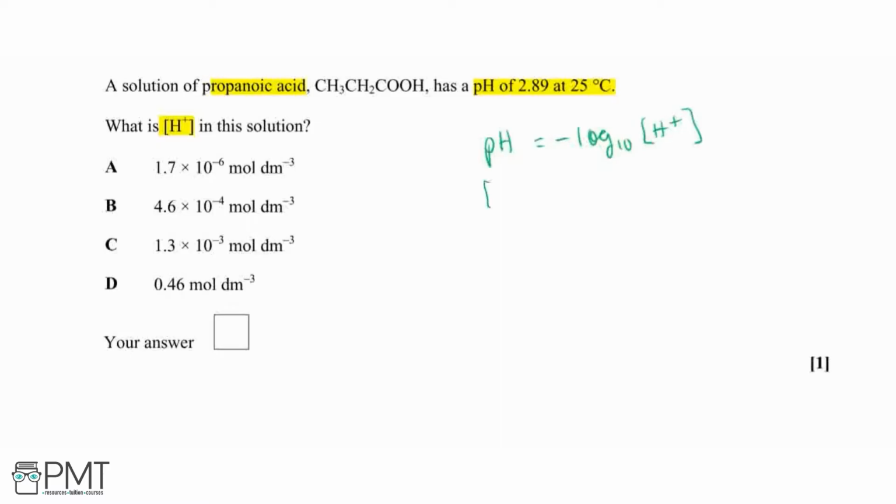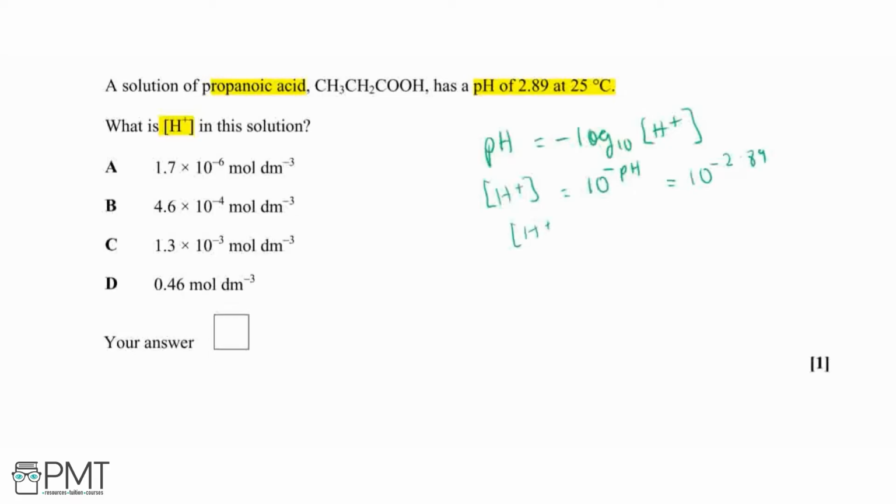Therefore, if we want to work out the concentration of the H+ ions, we have to do 10, our base, to the power of negative pH. For this question, our pH is 2.89, so we do 10 to the power of negative 2.89.